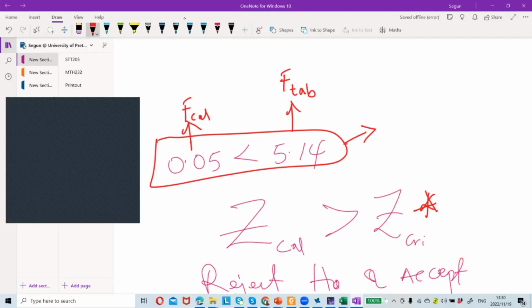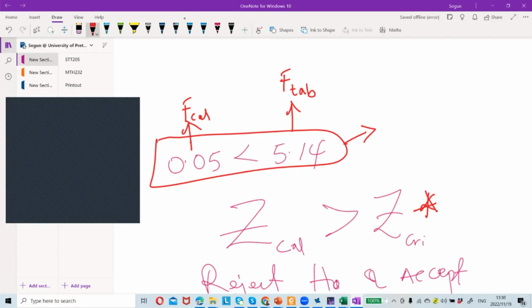We accept the null hypothesis, then we reject the alternative.